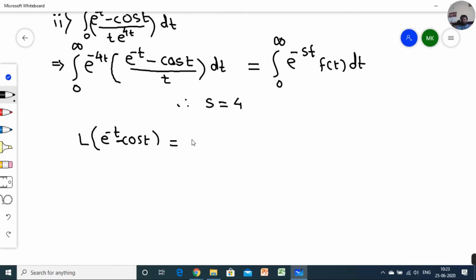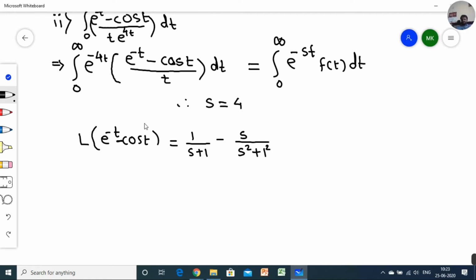So Laplace of e raised to minus t becomes 1 upon s plus 1 because of minus t, and minus, as it is, cos t means s upon s square plus 1 square. We just calculated the Laplace transform of both the functions.